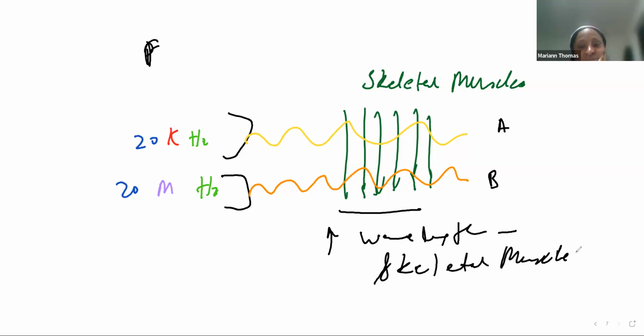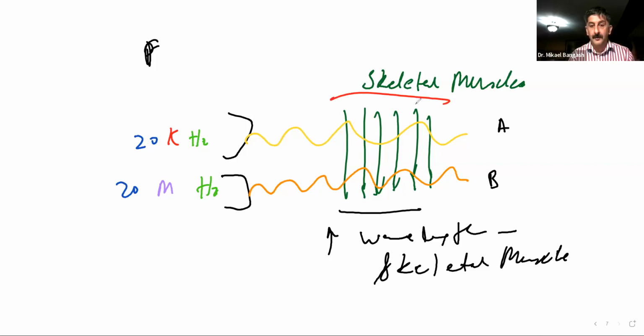Because it's the same tissue. So same tissue means it's going to be the same speed. So they will both be the same wavelength because of the same speed.